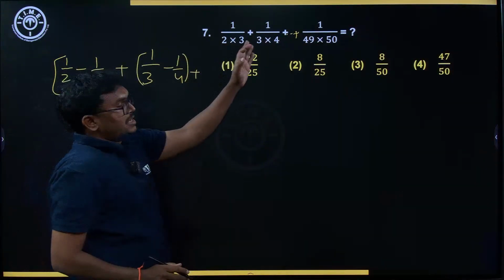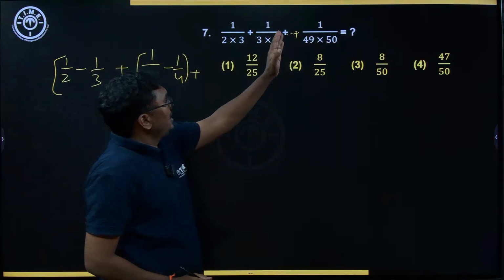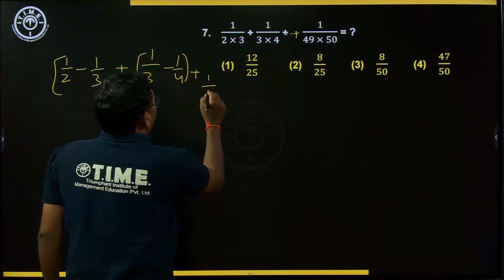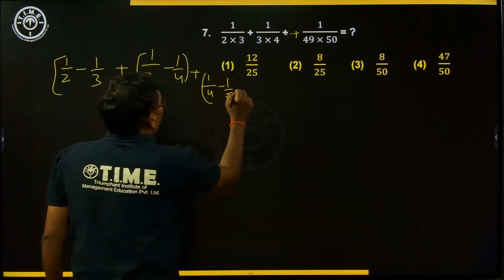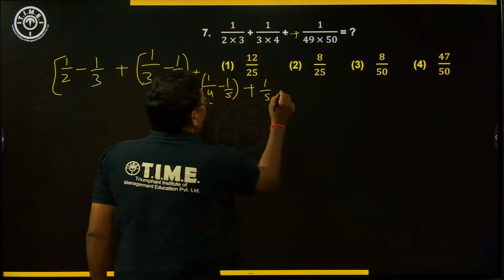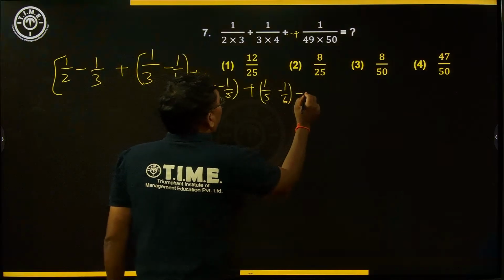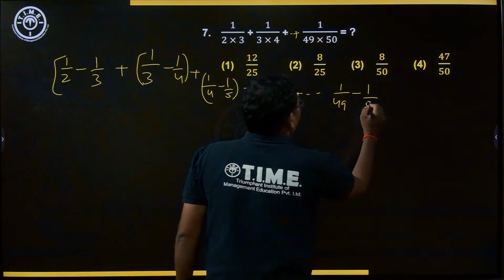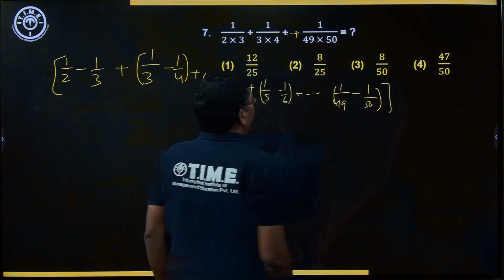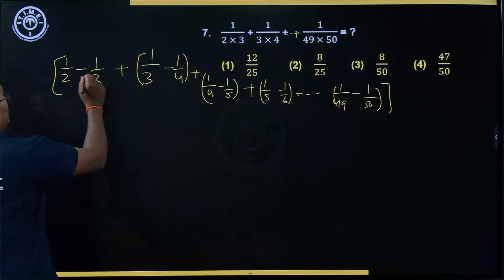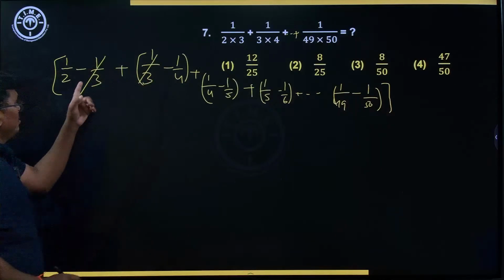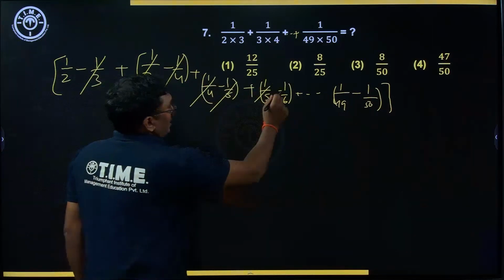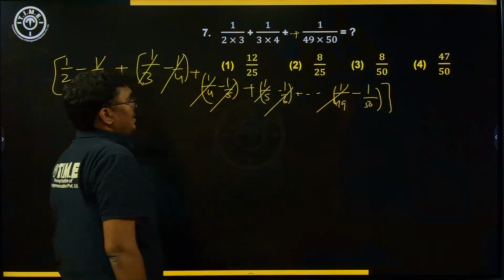The terms are successive numbers: 2, 3, then 3, 4, and the next is 4, 5. So the next term is 1 by 4 minus 1 by 5, then 1 by 5 minus 1 by 6, and so on, and the last term is 1 by 49 minus 1 by 50. Here minus 1 by 3 plus 1 by 3 get cancelled, minus 1 by 4 plus 1 by 4 get cancelled, like this all the terms cancel.